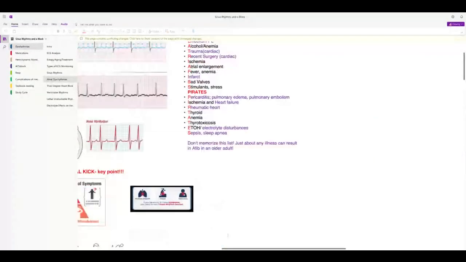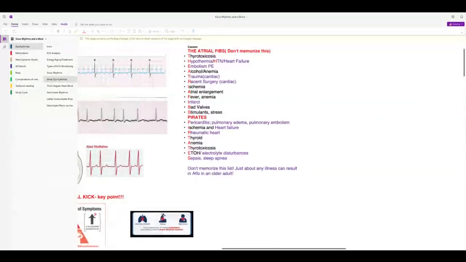All right, these are the causes of atrial fibrillation. Do not memorize them. I'm just going to give you some advice. You're coming into practice where you're going to be taking care of a lot of older adults, and literally any kind of illness can put them into atrial fibrillation. So it's very common.